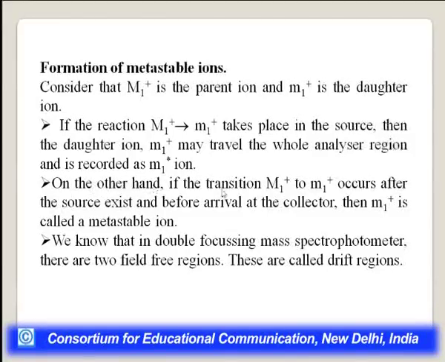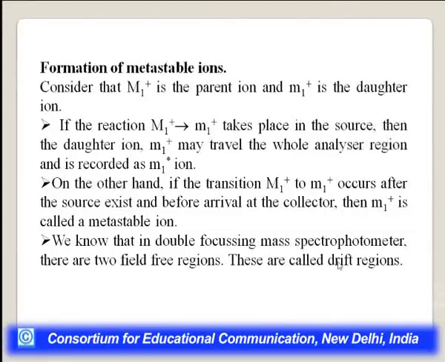On the other hand, if the transition from M1 plus to the daughter ion, that is parent ion to daughter ion, occurs after the source exit but before arrival at the collector, then this is called a metastable ion. We know that in a double focusing mass spectrometer there are two field regions: one is the electrostatic region, another one is the magnetic region.